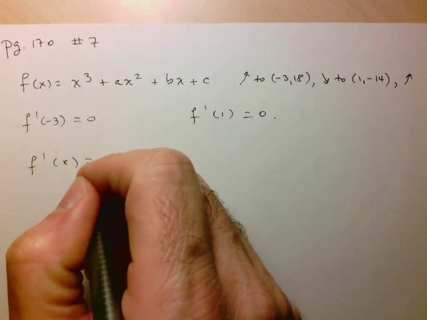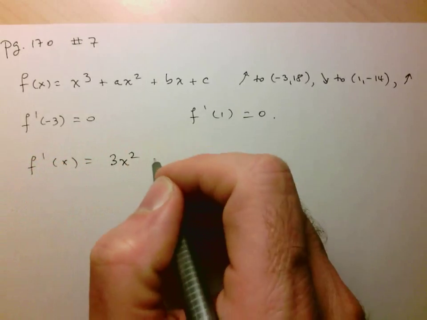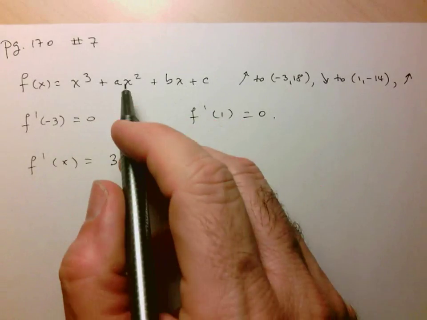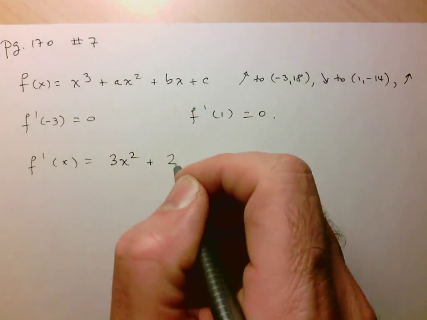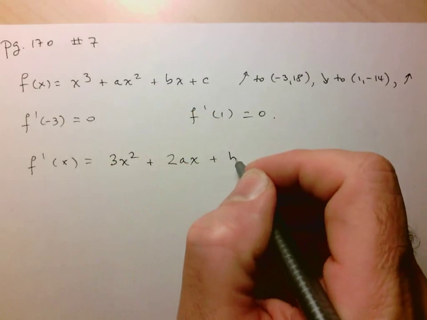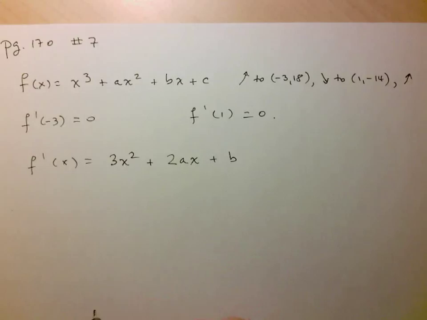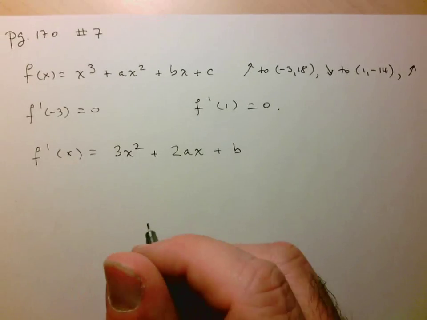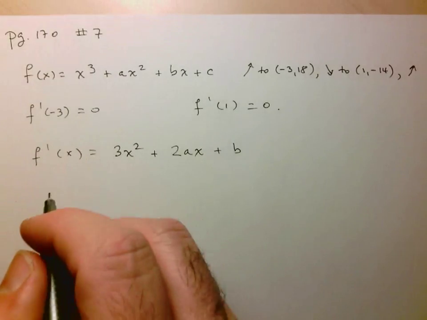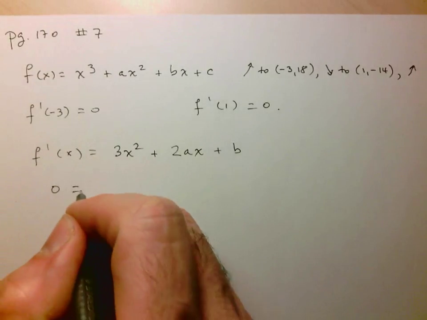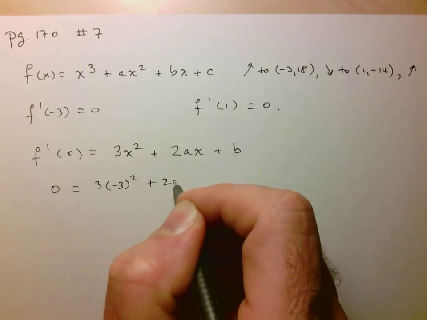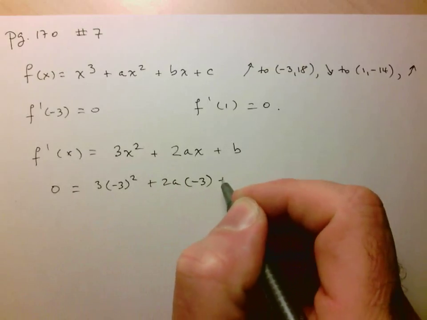So f prime of x is just going to be 3x squared plus a times the derivative of x squared, which is 2x, so 2ax, plus the derivative of bx, which is just b, and of course, as we said, the derivative of c is just going to be 0 since it's a constant. Okay, so let's start with this first piece of information. So f prime at -3 is going to be 0, so we've got 0 equals 3 times (-3) squared plus 2a times -3 plus b.